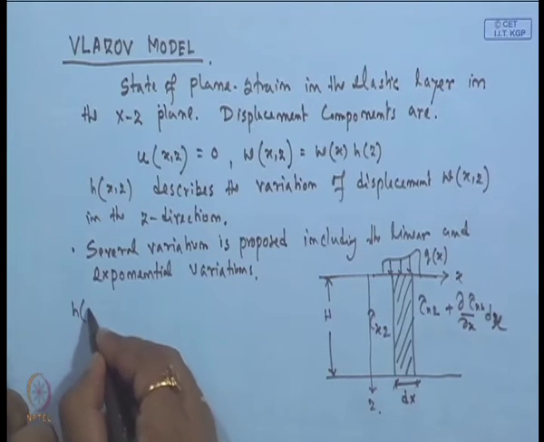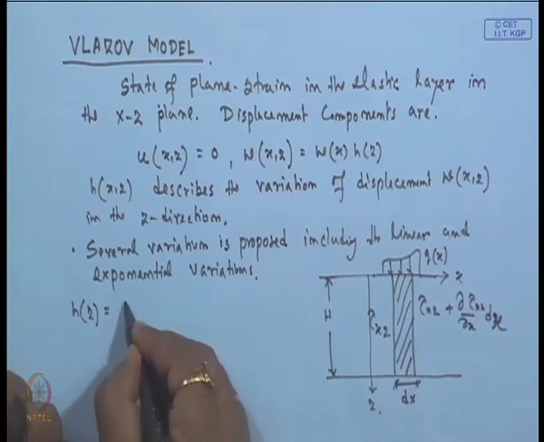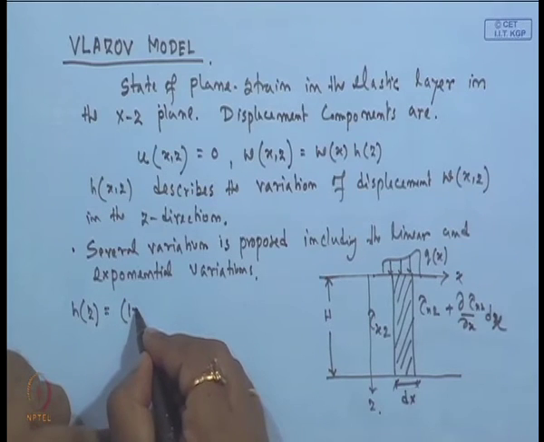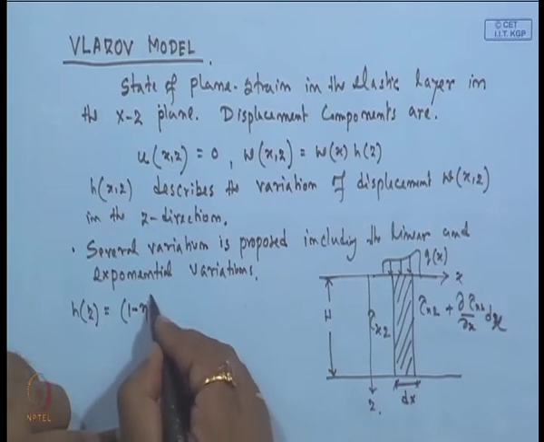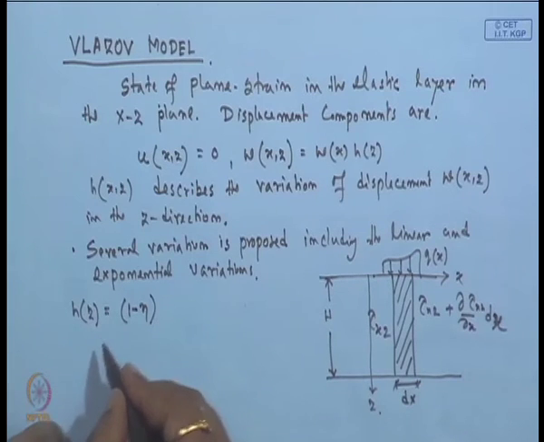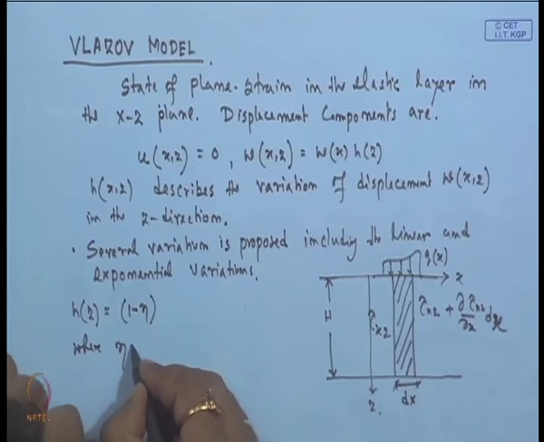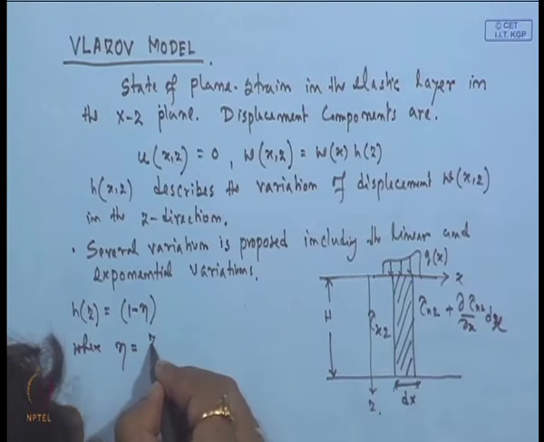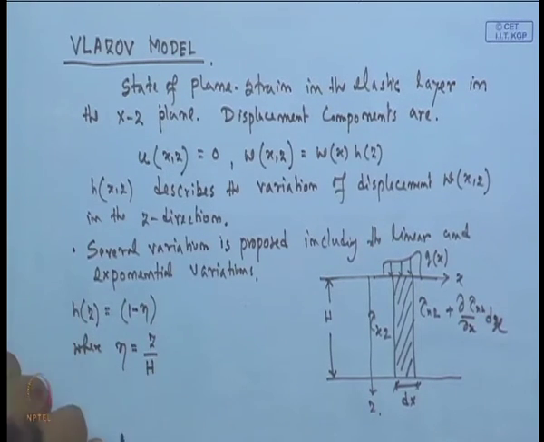Now, for the different values of h z, one variation is h z equal to 1 minus nu, where nu is equal to z by h.